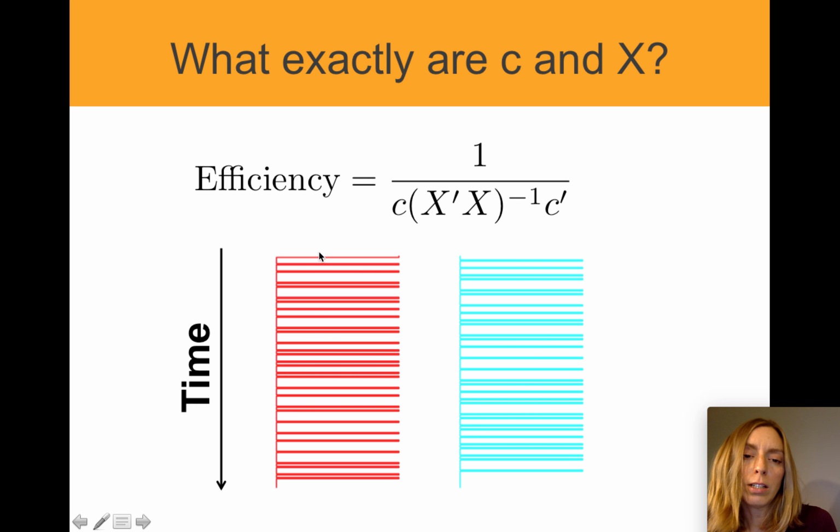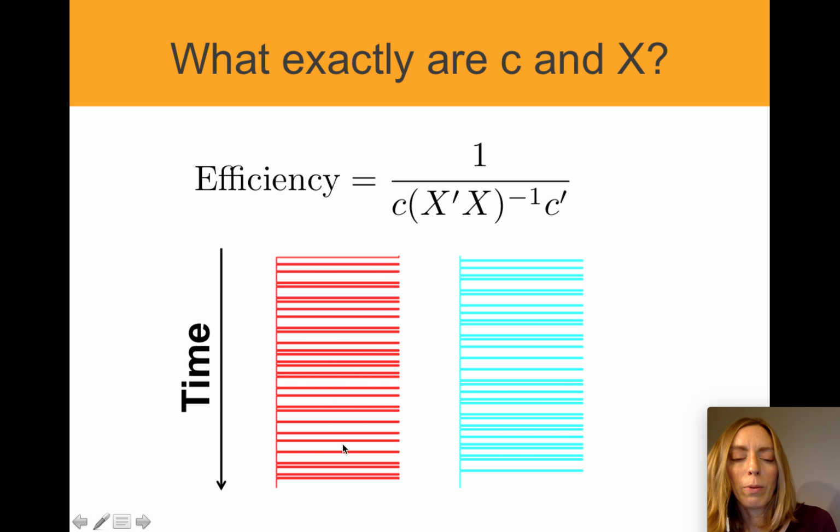So just another quick review of where these things come from, starting with X, the design matrix. Again, this is time from 0 at the top, time's increasing as you go down. This is how the stimuli are delivered. So there's a face first, and then a house, then a face, then a house, then a face, then two houses in a row, two faces in a row, and so on and so forth.